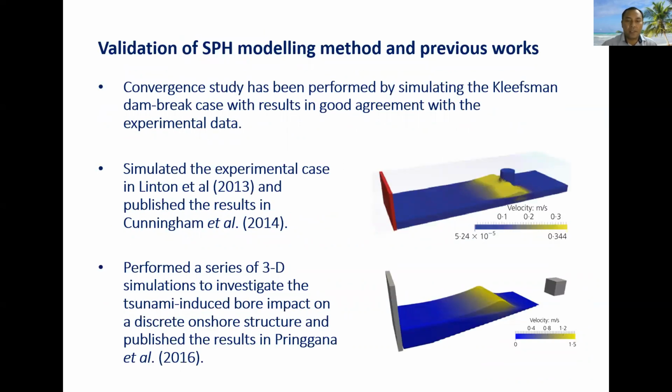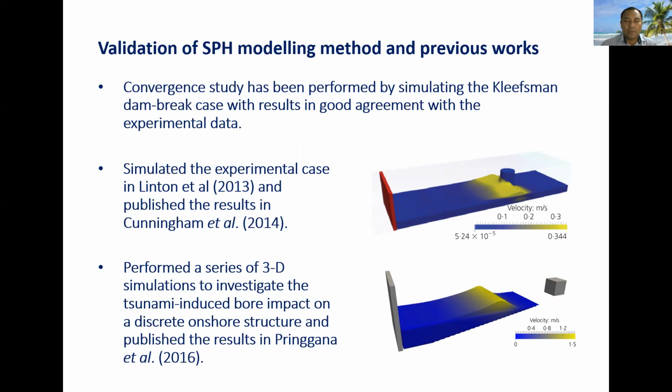Prior to this study, we have conducted a convergence study related with the SPH particle size by simulating the Kleefsman dam-break case, where the numerical result is in good agreement with the experimental data.